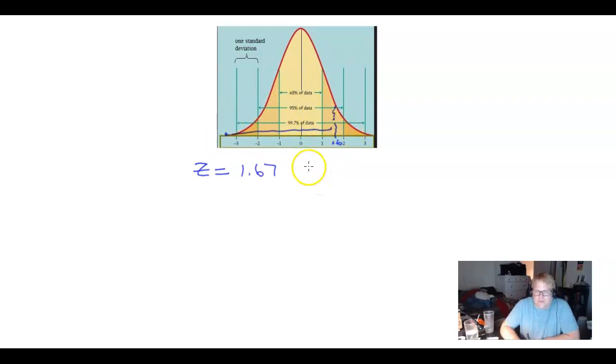If you had a z-score in the negatives, let's say negative 2.12, we'll be even fancier, negative 2.12 is right here.